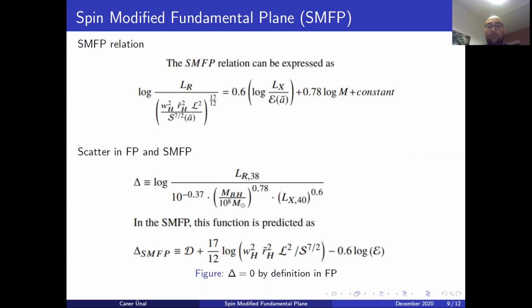Then one can turn the earlier fundamental plane relation into a spin modified fundamental plane, incorporating the spin dependencies of the radio power and the X-ray power. Since in the fundamental plane relation the spin dependence is completely ignored, you can define the scatters in a generic way, such that the fundamental plane relation gives zero scatter.